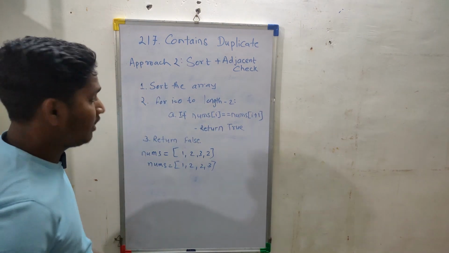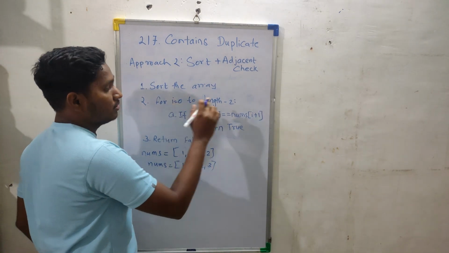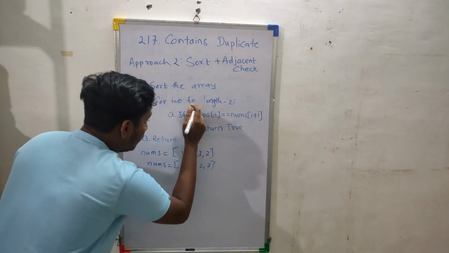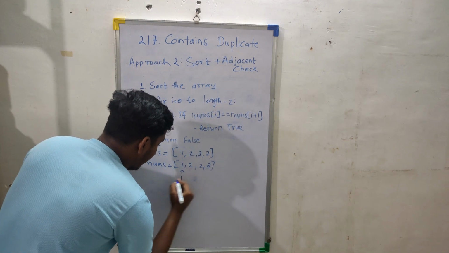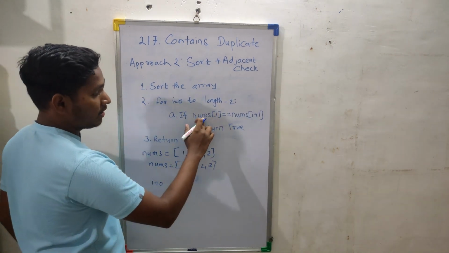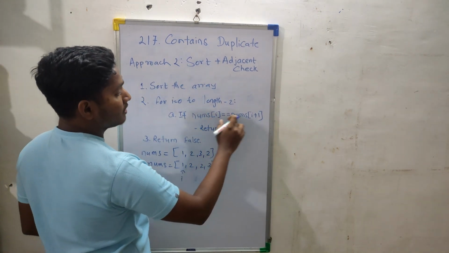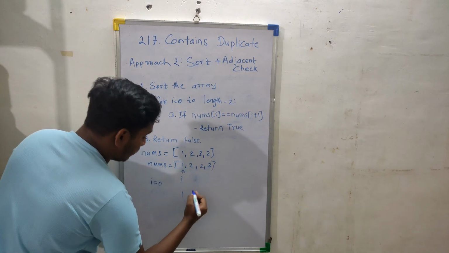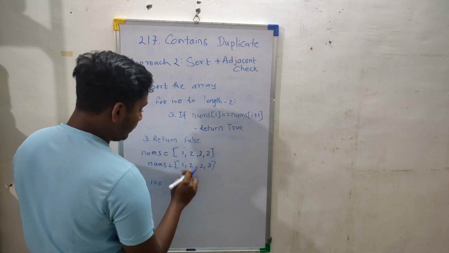In the second step, we run a for loop from i equal to 0 to length minus 2. Starting from i equal to 0, we check whether nums of i is equal to nums of i plus 1. Here nums of i is 1 and nums of i plus 1 is 2.